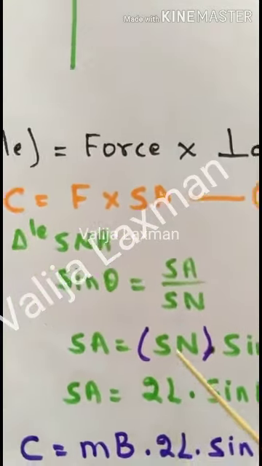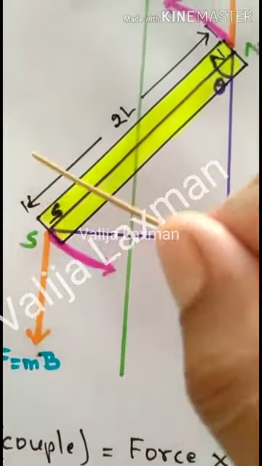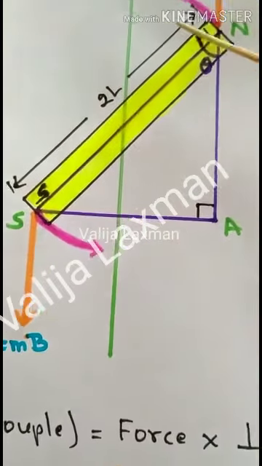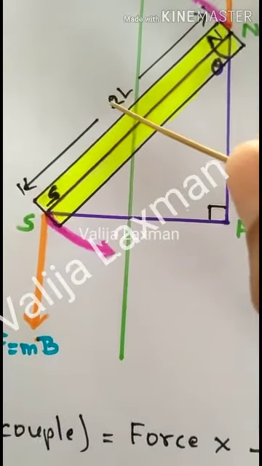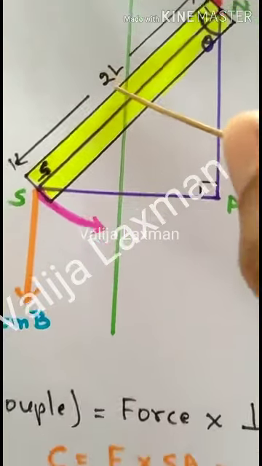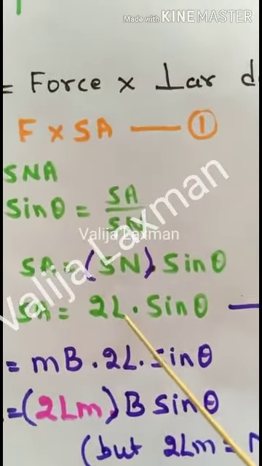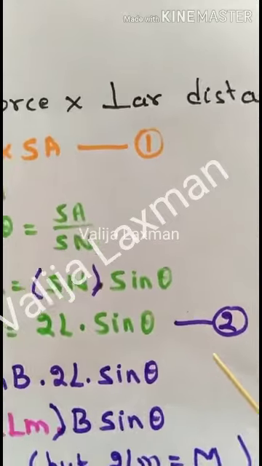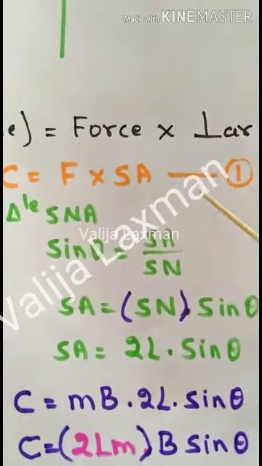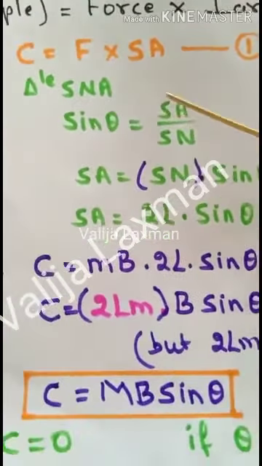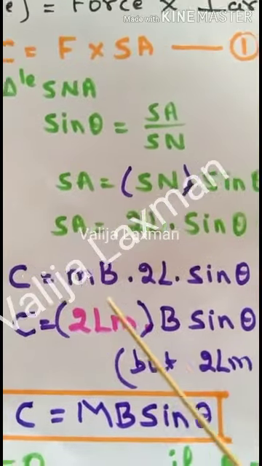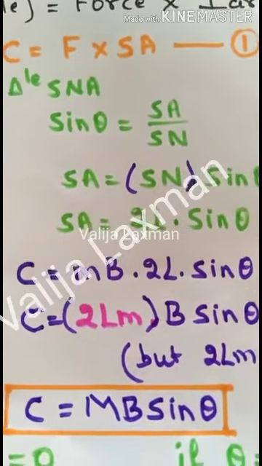But already we know that SN is nothing but the distance between the south pole and the north pole of a bar magnet, that is nothing but 2l. So here we are substituting SA is equal to 2l into sin theta, and this second equation we are substituting in the first equation. So for that we are getting C is equal to mB into 2l into sin theta.